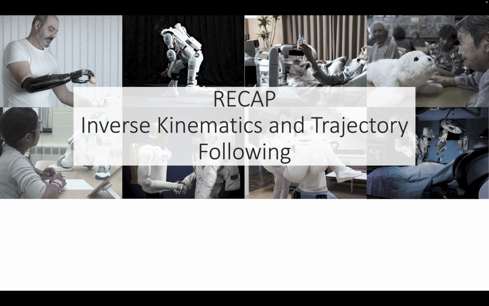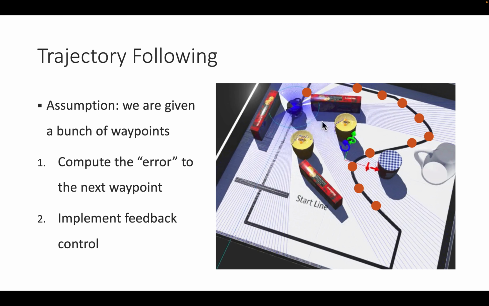As always, we start with a brief recap on inverse kinematics and trajectory following. In the last lecture, we introduced the idea of having the robot not follow the line on the floor, but waypoints, which is a very general way to control not only mobile robots, but also robotic arms.